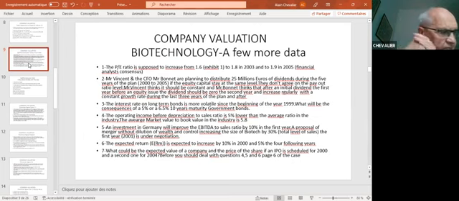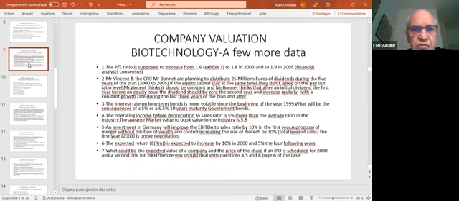All of you have a copy of biotechnology. We start from the basic case you already studied in the financial analysis course, and also in the diagnosis and financial policy course.